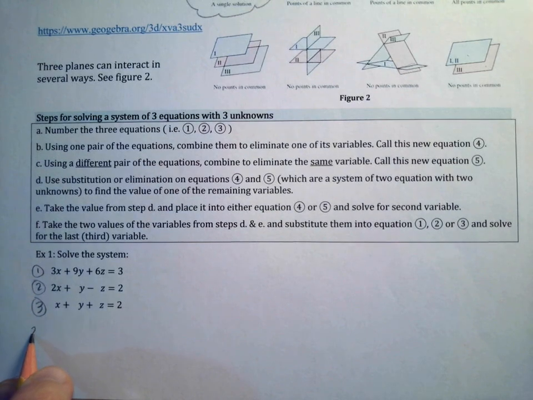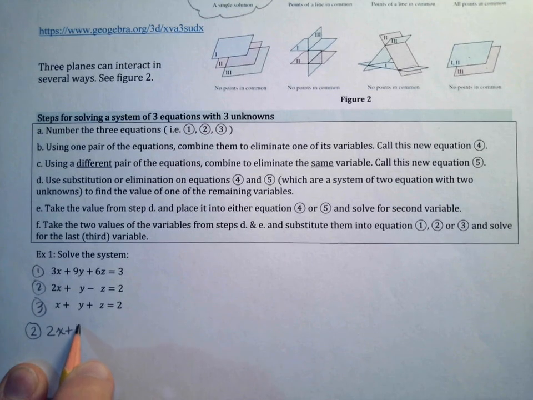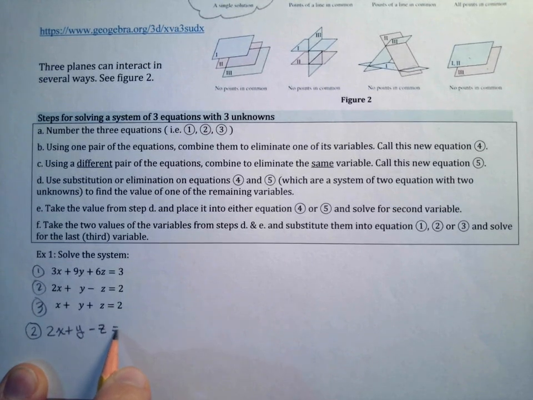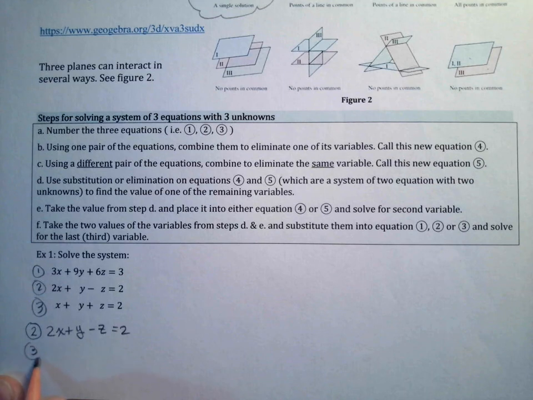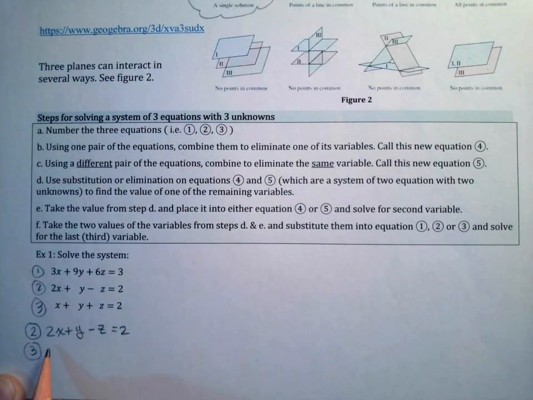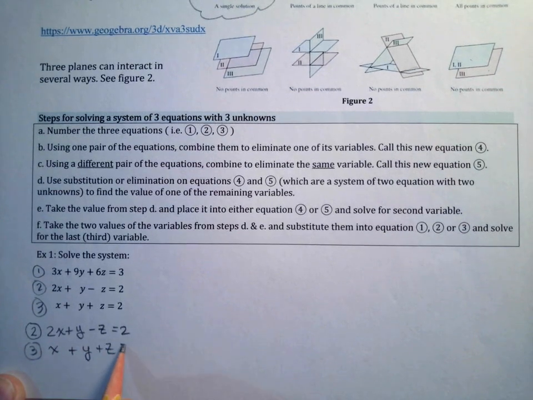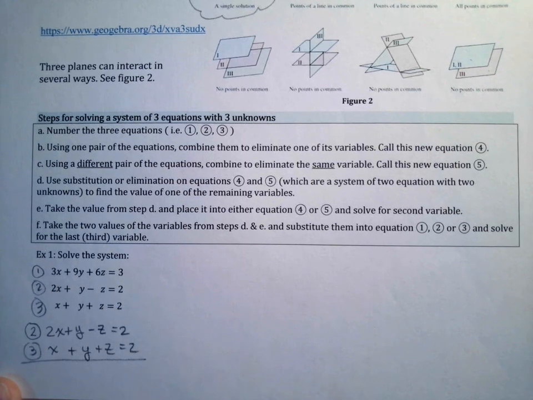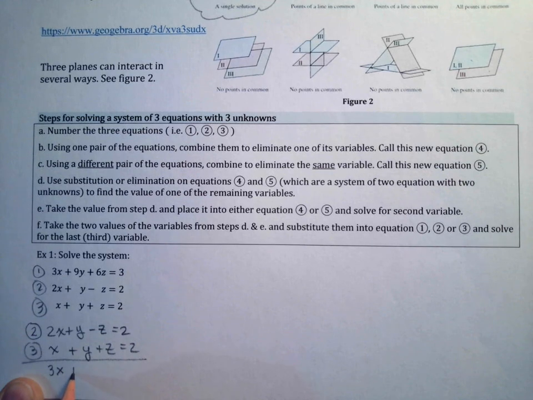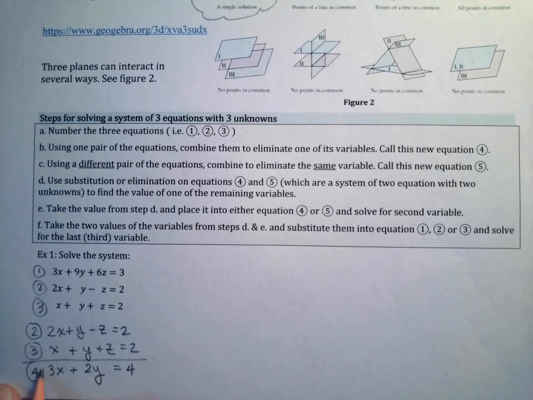So I'm rewriting 2: 2x plus y minus z equals 2, and I'm going to use 3: x plus y plus z equals 2. I see that the z is the same but opposite, so I'm going to add 2 and 3 together. This gives me 3x plus 2y equals 4. I'm going to call this new equation, equation 4.